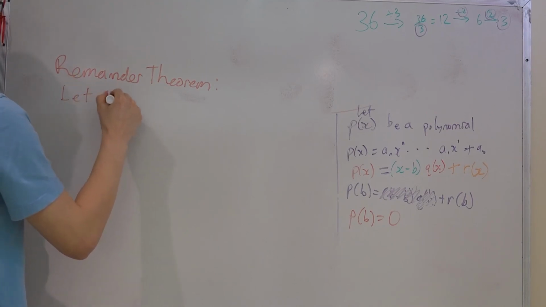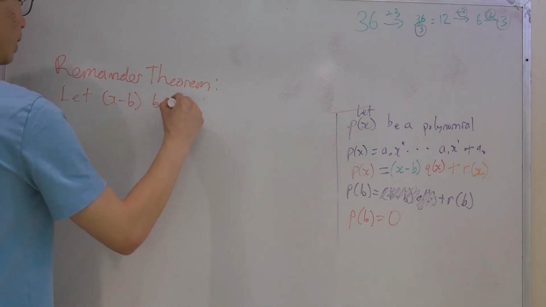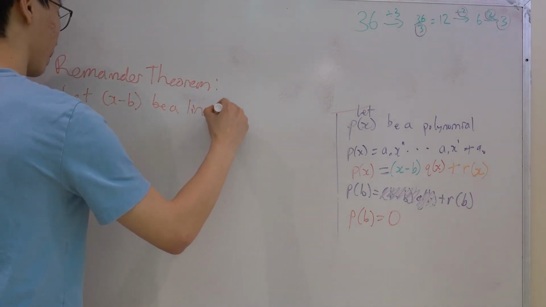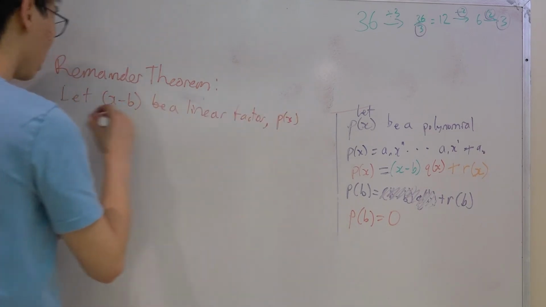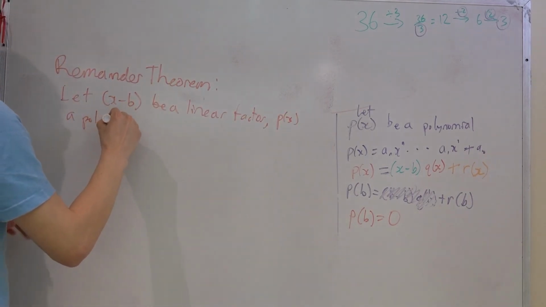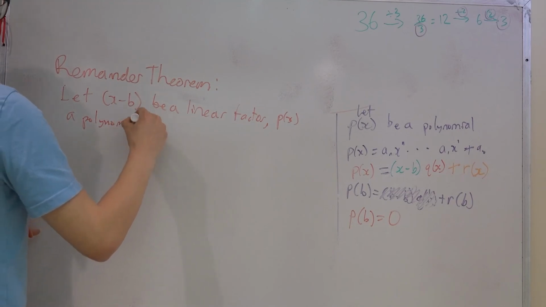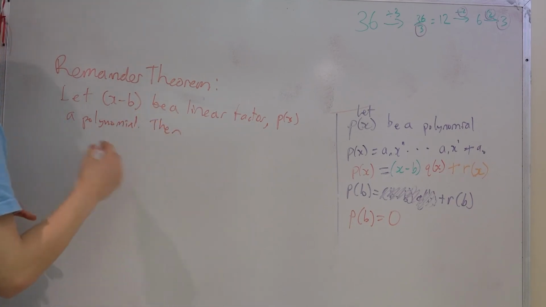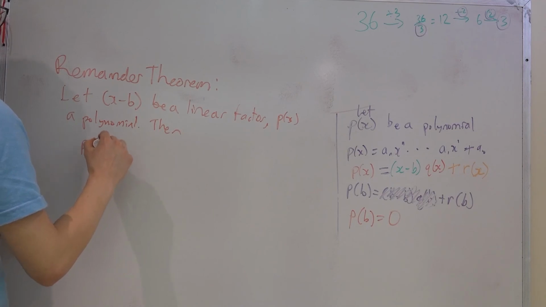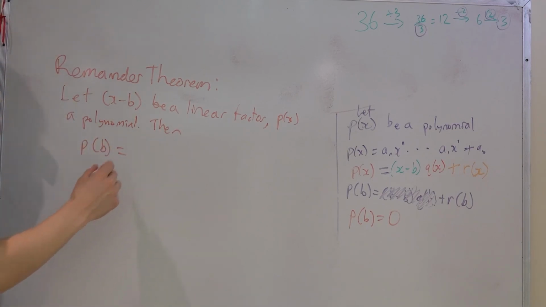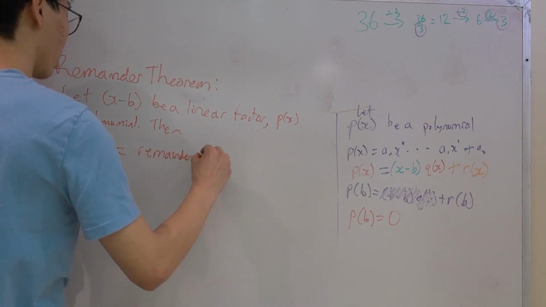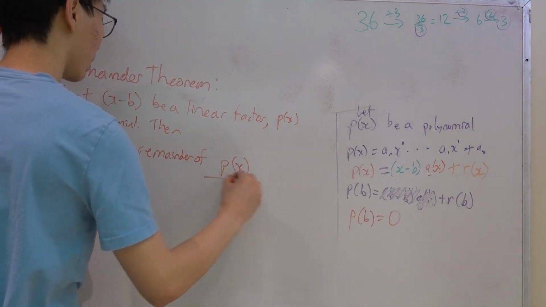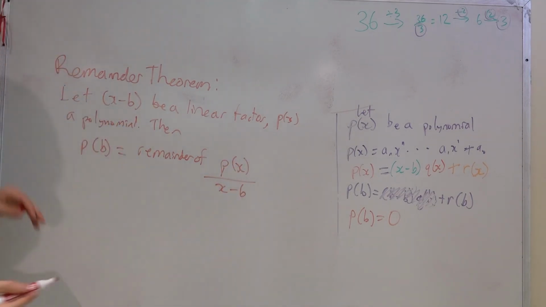Let x minus b be a linear factor, and p of x a polynomial. Then we have p of b is equal to the remainder of the division p of x divided by x minus b.